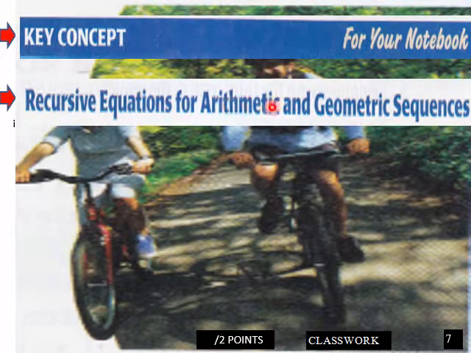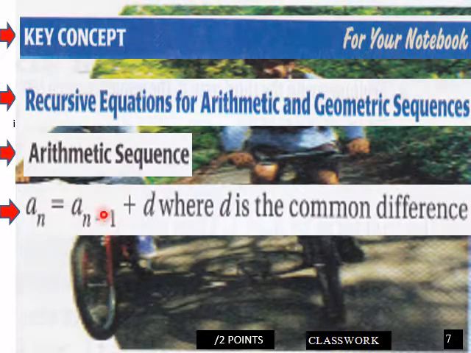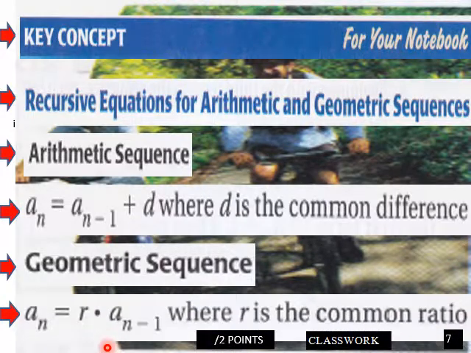Recursive equations for arithmetic and geometric sequences. Arithmetic, here's arithmetic where d is the common difference. Geometric is r times a sub n minus 1 where r is the common ratio. So we have a ratio versus a difference here. That is the difference between arithmetic and geometric.